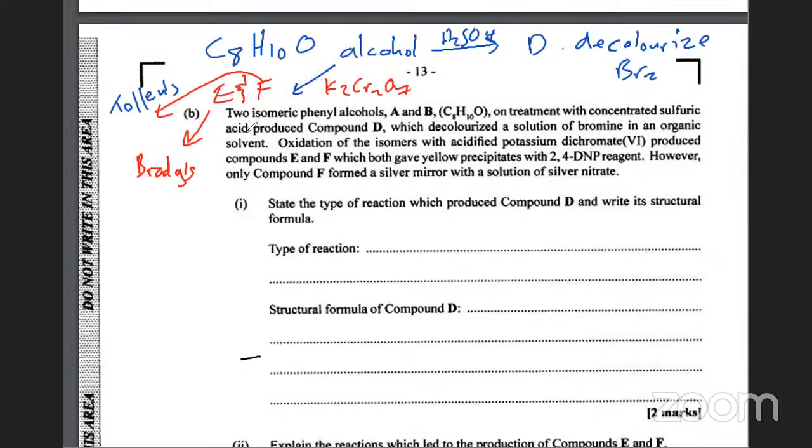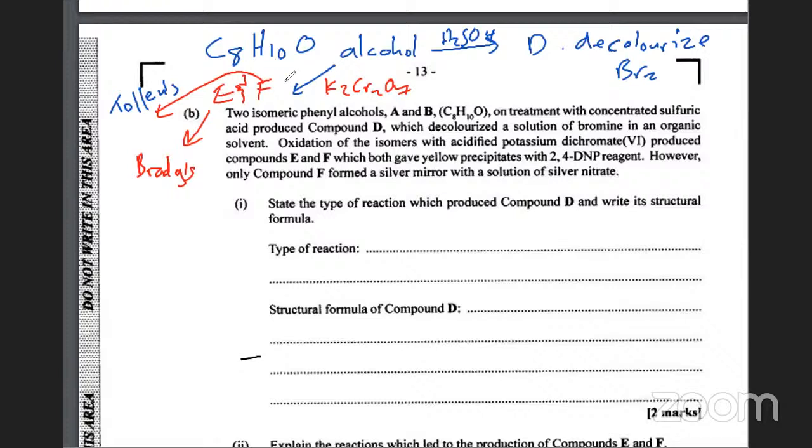Now, once you see Brady's reagent, which functional group can react with Brady's reagent? Both aldehydes and ketones. But which one will only react with Tollens' reagent? Aldehyde. So compound F is an aldehyde. That is correct because it reacted with Tollens'.